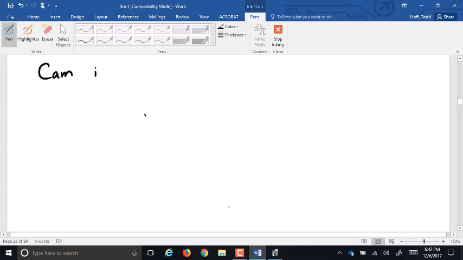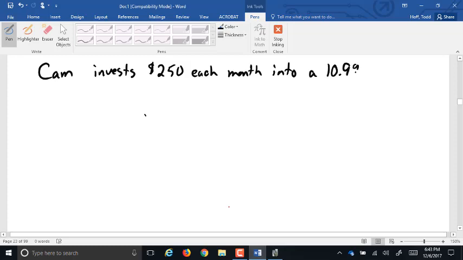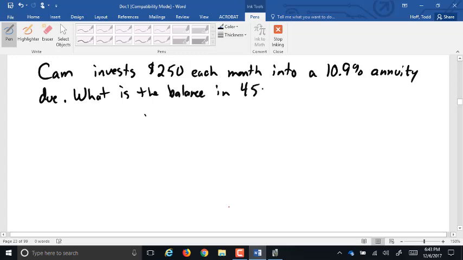Kim invests $250 each month into a 10.9% annuity due. What is the balance in 45 years?